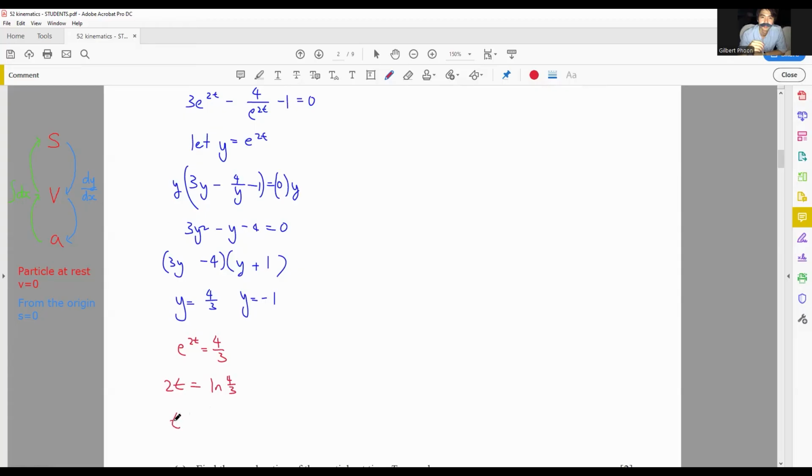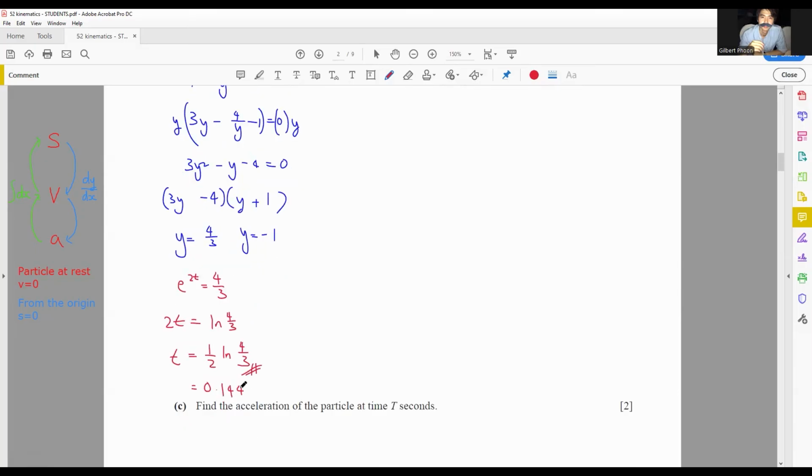And therefore, t equals half ln 4 over 3. If you wanted to convert this into decimals, half times ln 4 over 3 equals 0.144.